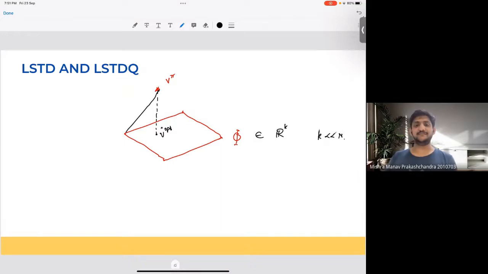So if I were to estimate this thing using the least squared error method, typically what I'm looking at is some projection of v pi, which I'll denote as v opt. My v hat opt is basically a projection of my v pi on my phi space.